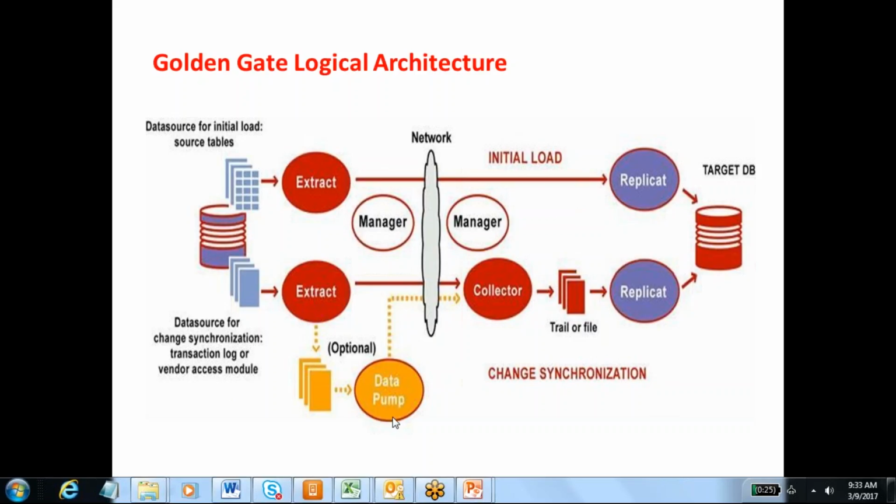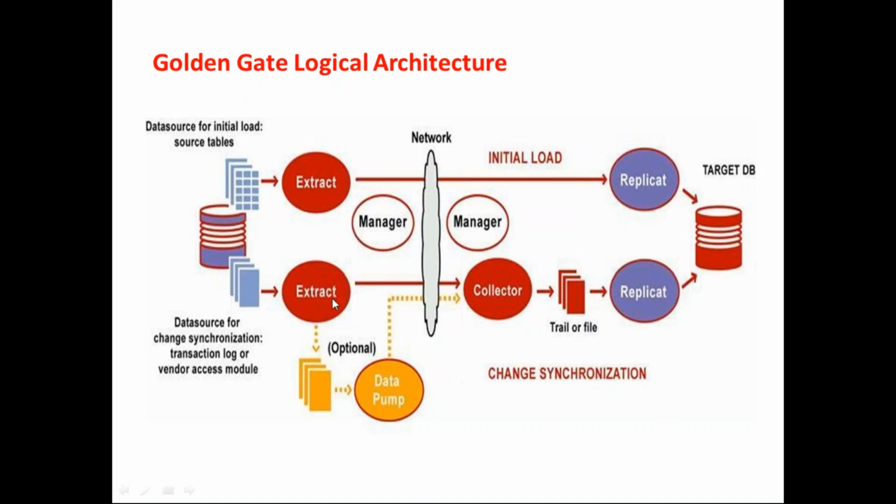There's a data pump over here. This data pump will again read this trail file and send the data over here. Now, what should the extract file contain? It should contain the database name, ID, username, and password. How will it connect? It needs to connect to read the redo log files, so it needs a database user for GoldenGate.